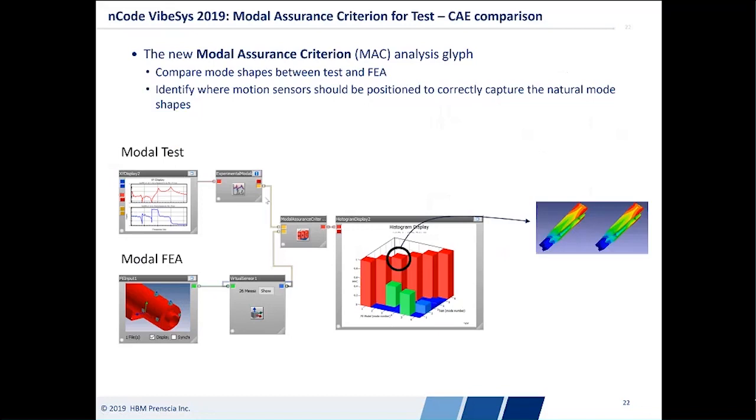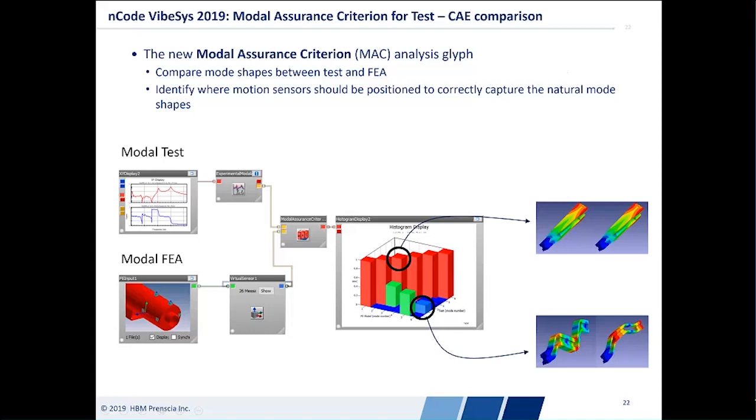And typically, wherever a tower here is very high, it means that the corresponding mode shapes are very similar, if not identical, right? But very, very similar. The higher it is, the more similar they are. And if it's very low, the mode shapes do not correspond at all.